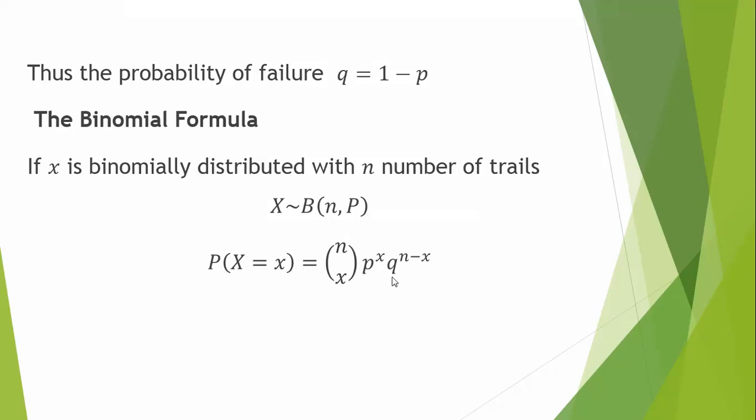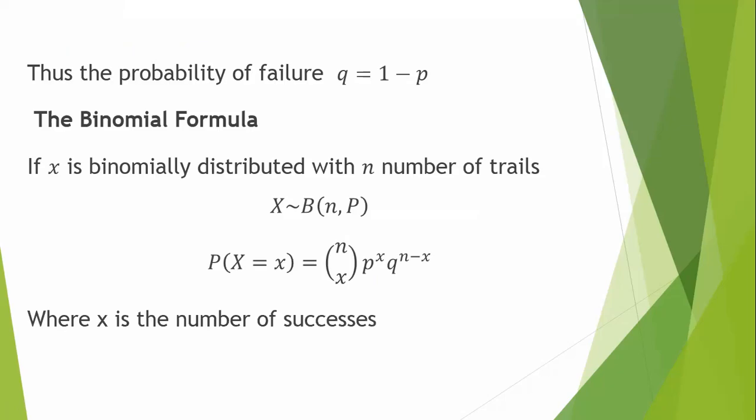Here n is the number of trials, x is the number of successes obtained, p is the probability of success, and q is the probability of failure.